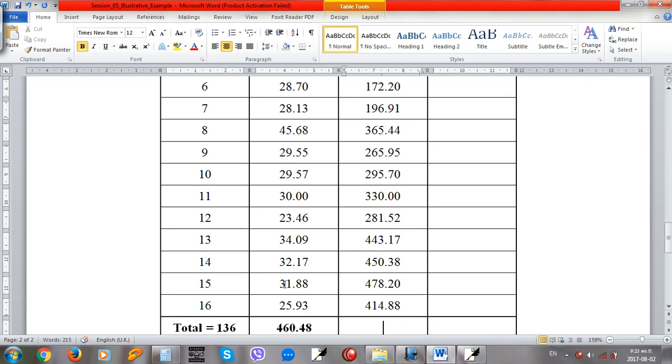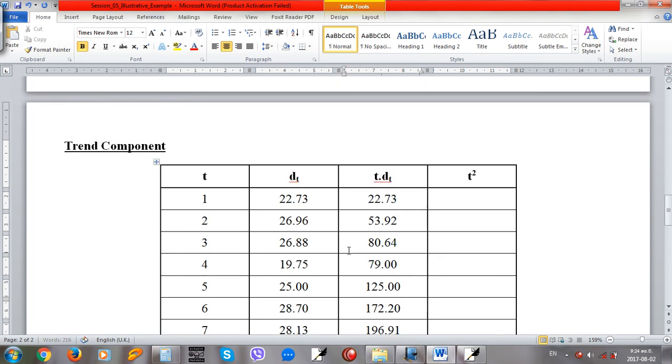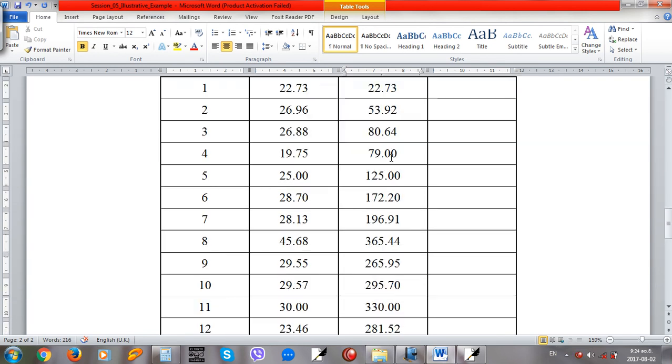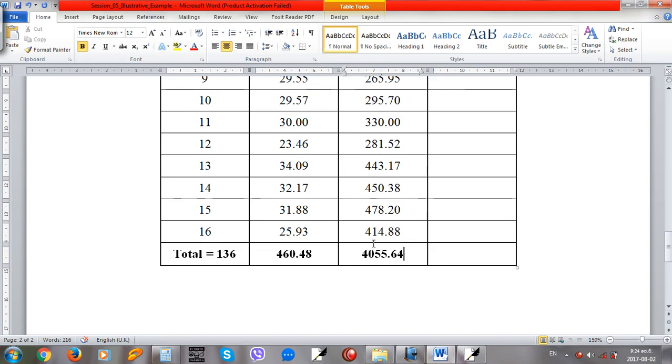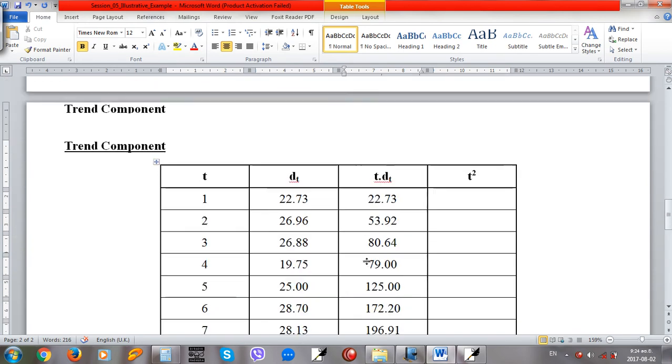Then you have to find the sum of this one by adding all of those values. If we add these all, the sum comes as 4055.64, right? Now you find t dt, that is the sum 4055.64.